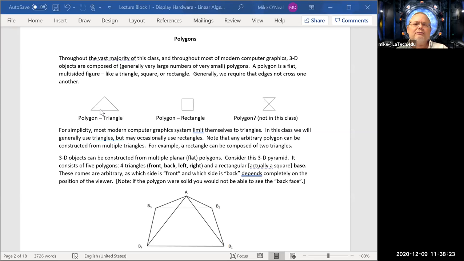So if you limit yourself to three edges and a closed figure, a triangle, you don't have to worry about this crossing over crap that can cause problems for various algorithms. So if everything is a triangle, then you can set up your system to process triangles and make it blindingly fast, which of course you need for high resolution and high frame rates.